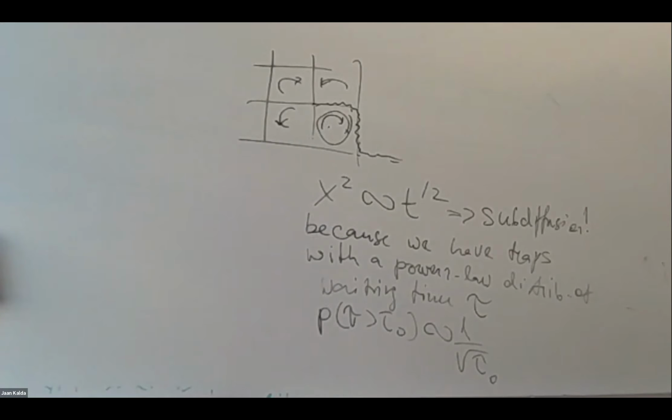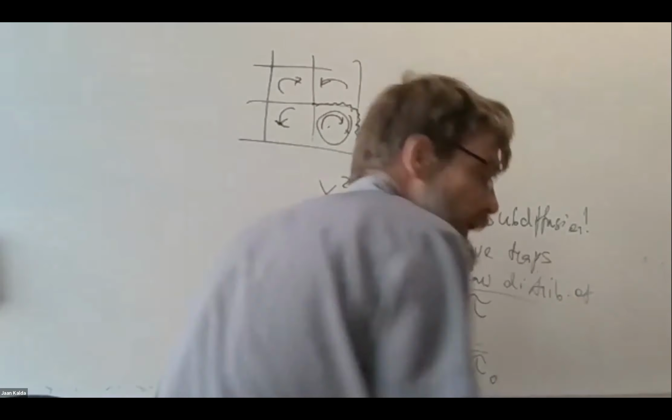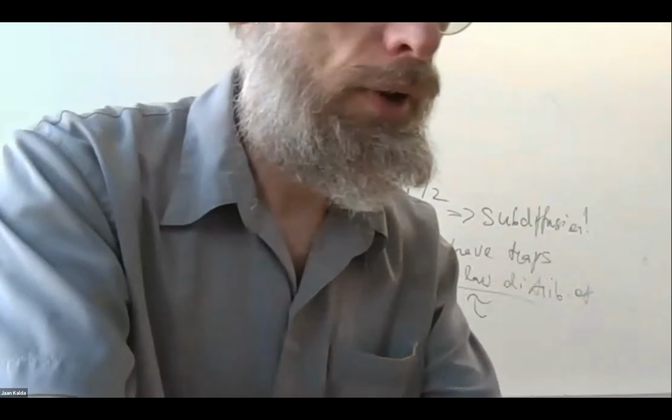And such a walk, where you have traps with long and short waiting times, and you have a power law distribution of waiting times, is called a continuous time random walk.